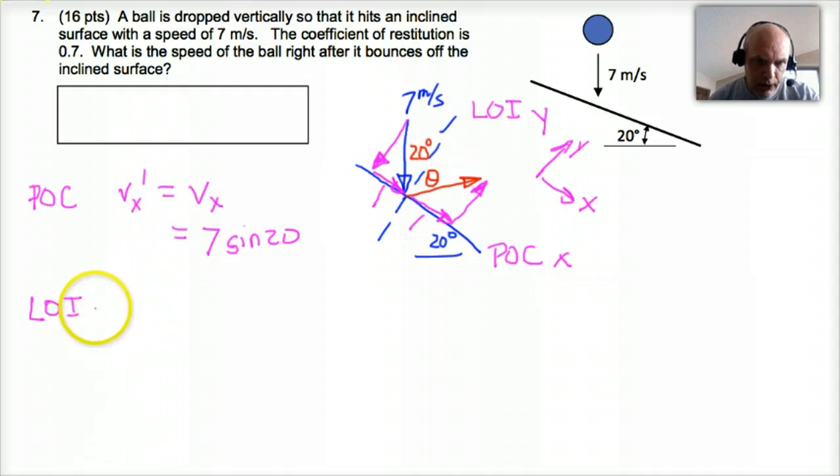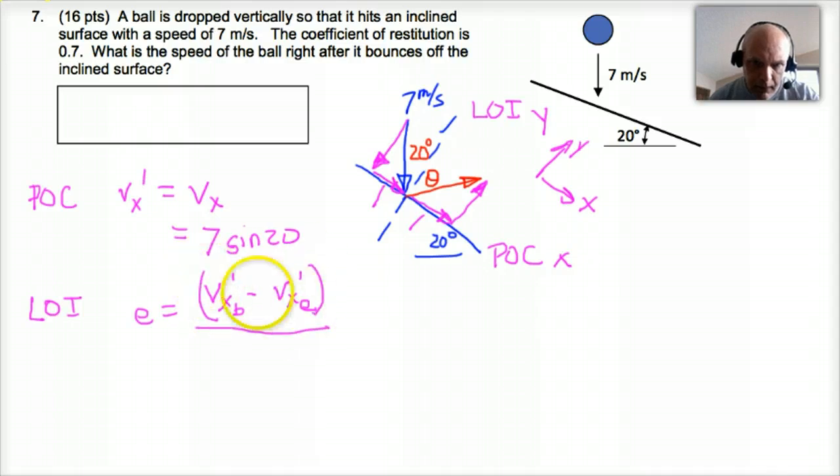We have to apply our coefficient of restitution equation, and that said the x prime of the ball minus the x prime of the earth was equal to Vx of the ball minus Vx of the earth.